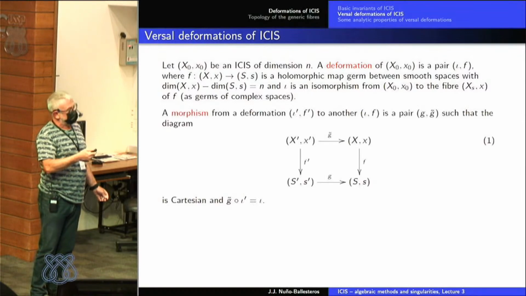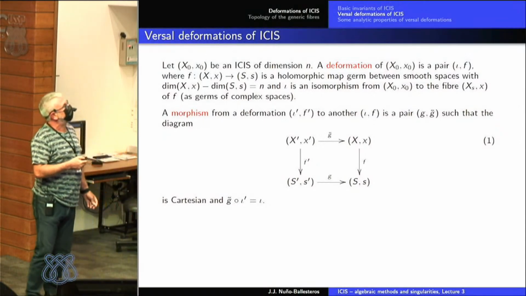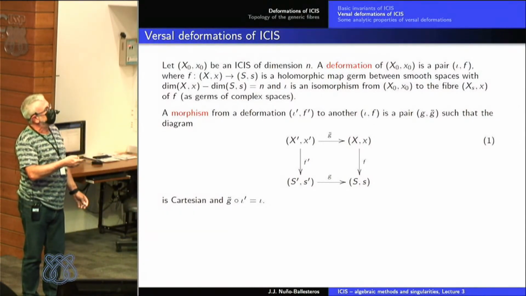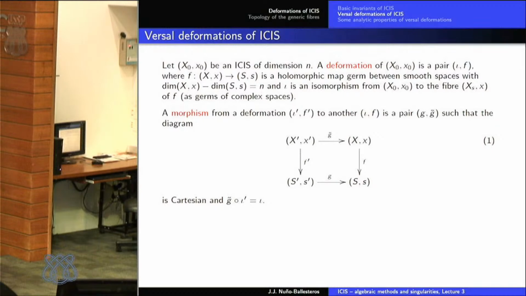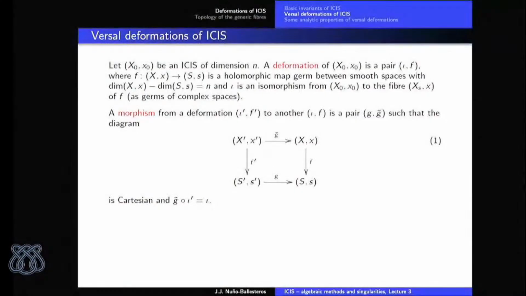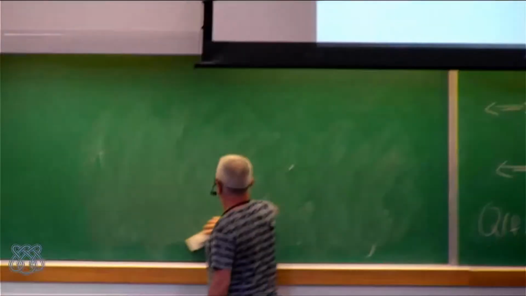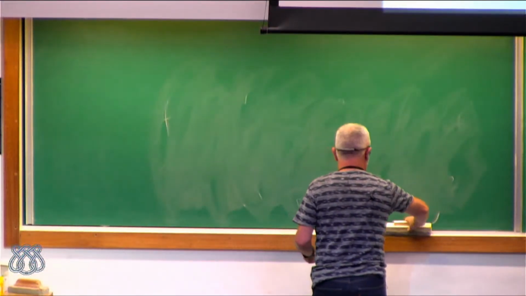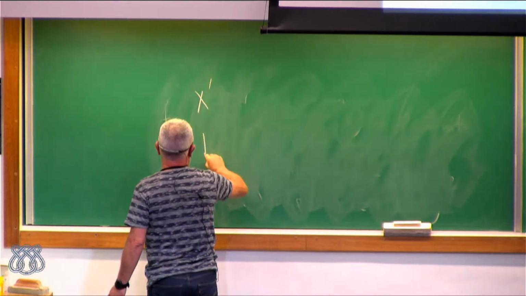Okay. So the second definition is the notion of a morphism between one deformation and another deformation. This is a commutative diagram like this, so that this diagram is Cartesian. I put only the spaces for simplicity.